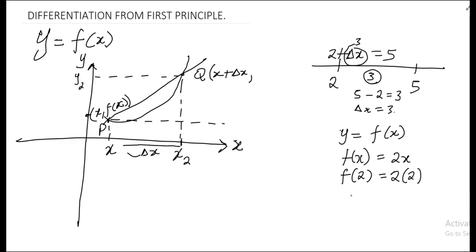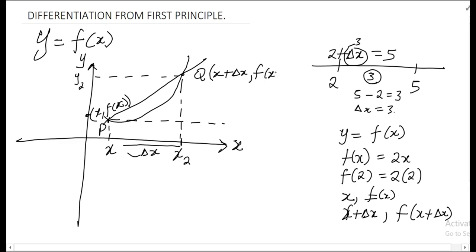So here we had x, then y was f of x. The moment you have x plus dx, it means that x plus dx goes into the bracket. So what you have here will be f of x plus dx.